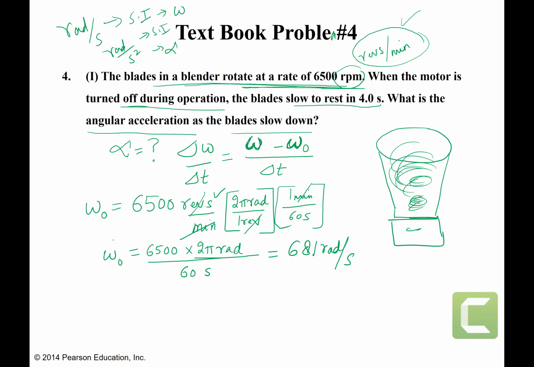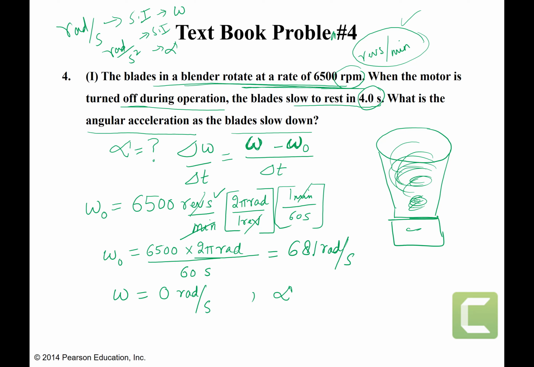Now that we have the initial omega, and we also have the change in time as 4.0 seconds. He's saying the blender is finally going to stop and slow down, so omega is 0 radians per second.